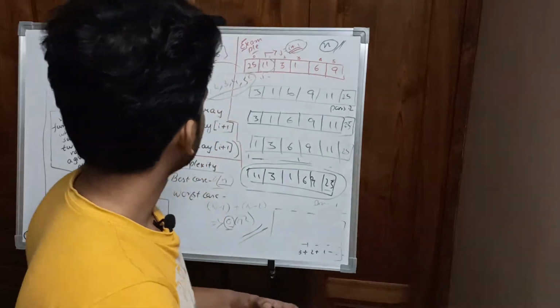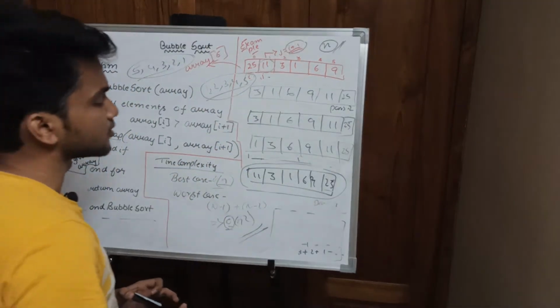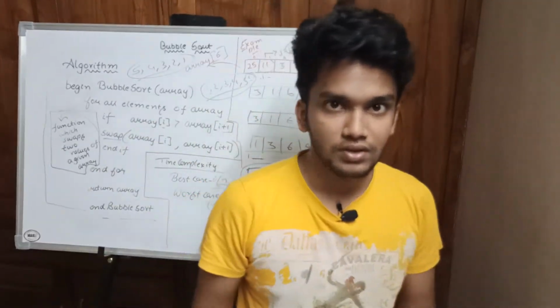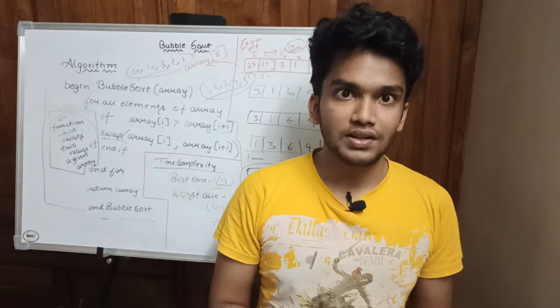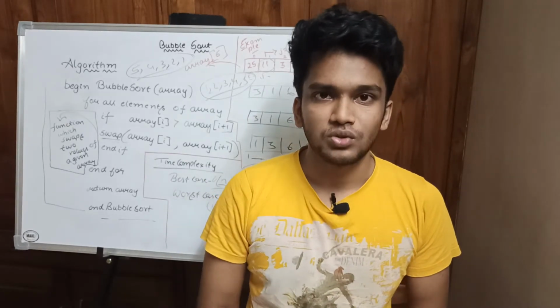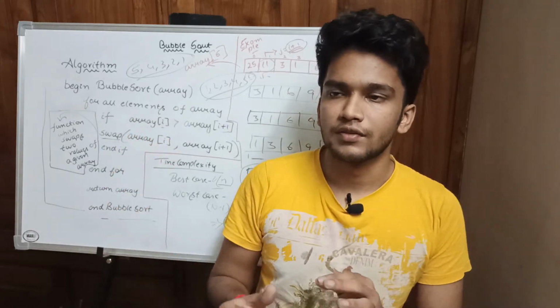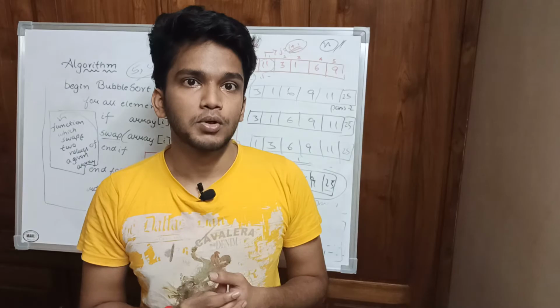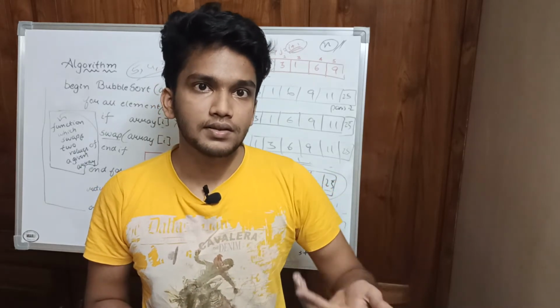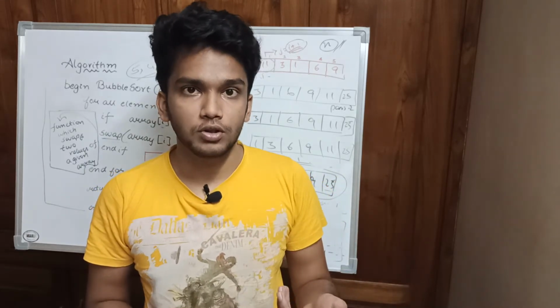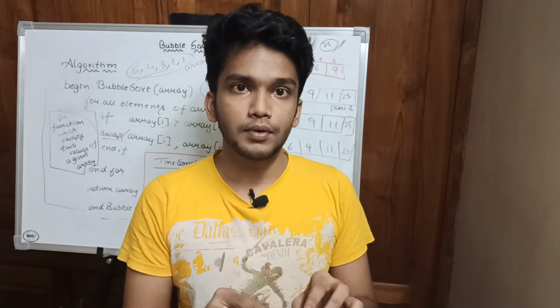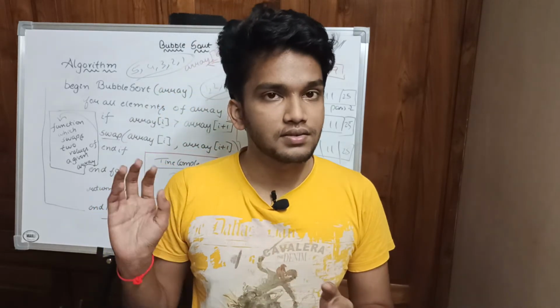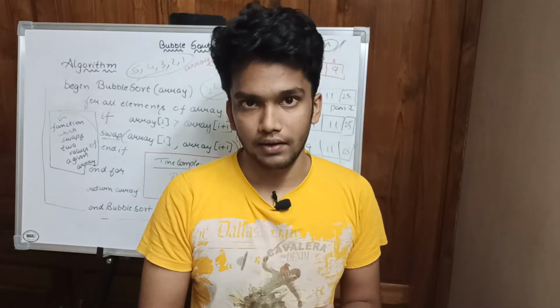So this is the complete concept of bubble sort, and what I want to say is that you should understand its advantages and disadvantages. Where can this be applied? If the array size is very limited, this is the best one you can apply, because it is going to finish in a short amount of time, and if a limited number of items are there, then this is a very good sorting algorithm.